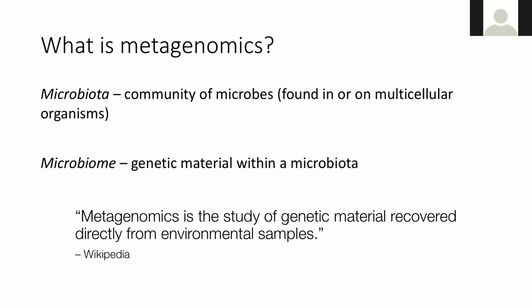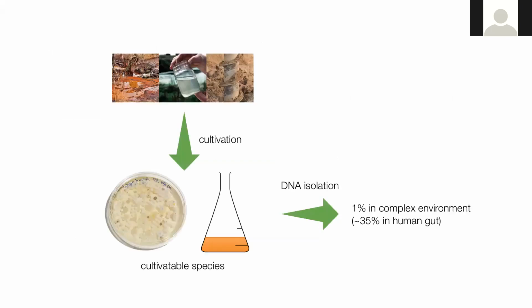So a microbiome is the genetic material within this population, and metagenomics is how we study this genetic material that comes from environmental samples. So this is an example of being able to use advanced experimental technologies to overcome problems that previously existed.